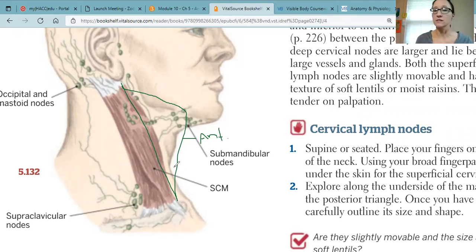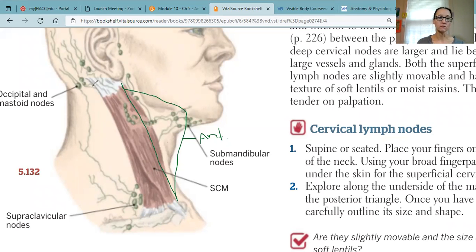Mandible, trachea, and SCM are the borders for the anterior triangle. And like I said, there are quite a few endangerment structures there. We have blood vessels, we have lymph nodes, we have the trachea itself, and of course the thyroid gland. So there's lots going on in the anterior triangle, but that is an endangerment area here.